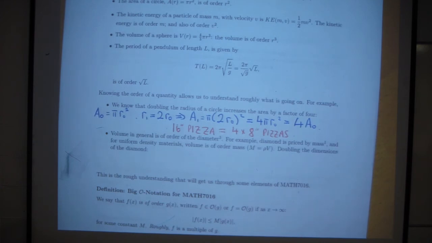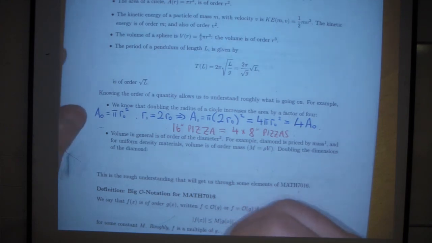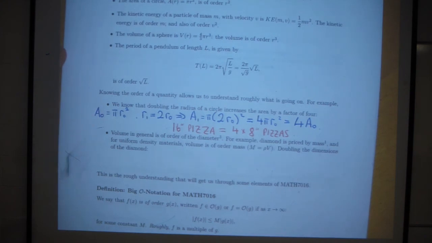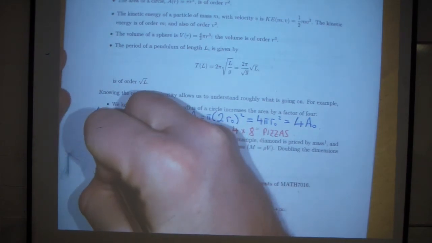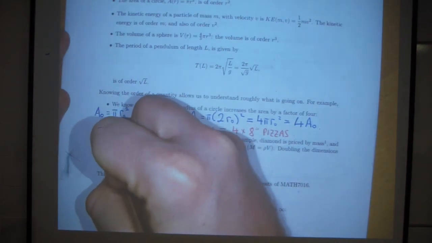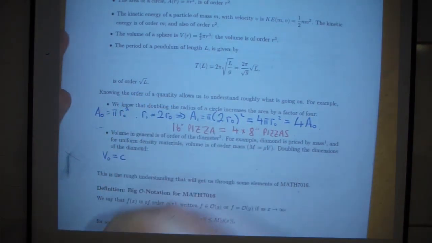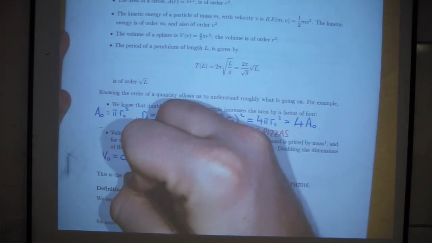And look what happens when you double the dimensions of a diamond. I don't actually have a formula for the volume of a diamond. I just know that it'll be some constant times the diameter cubed. And even the diameter, how do you define that? Well, I'm not going to worry too much about that. I'm just going to say the original volume is some constant c times diameter d0 cubed.